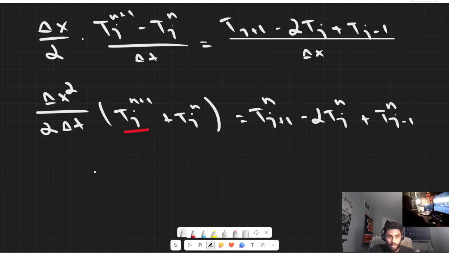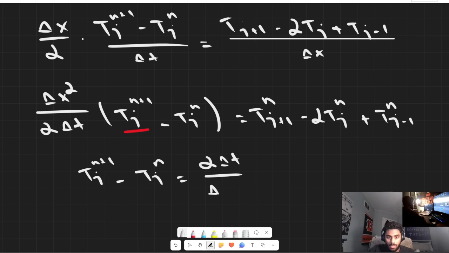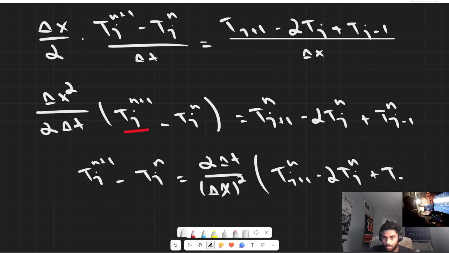So Tj^(n+1), it should be a minus, I don't know how that got turned to a plus, equals alpha delta t over delta x squared times our big long temperature chain here.